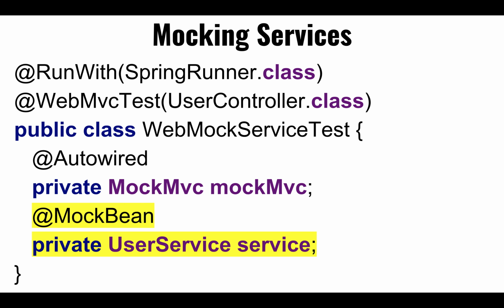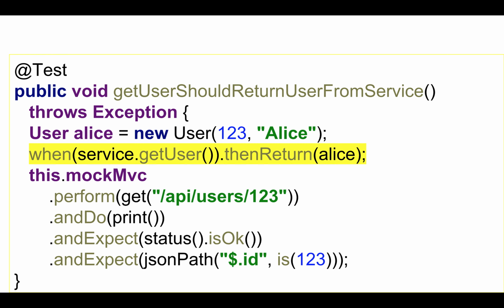What we're going to do is mock that user service. I'm going to configure it so that if anybody calls the get user function that we know is going to return Alice, whoever calls it is going to get this data instead. This could have been Bob or Dan or whatever.